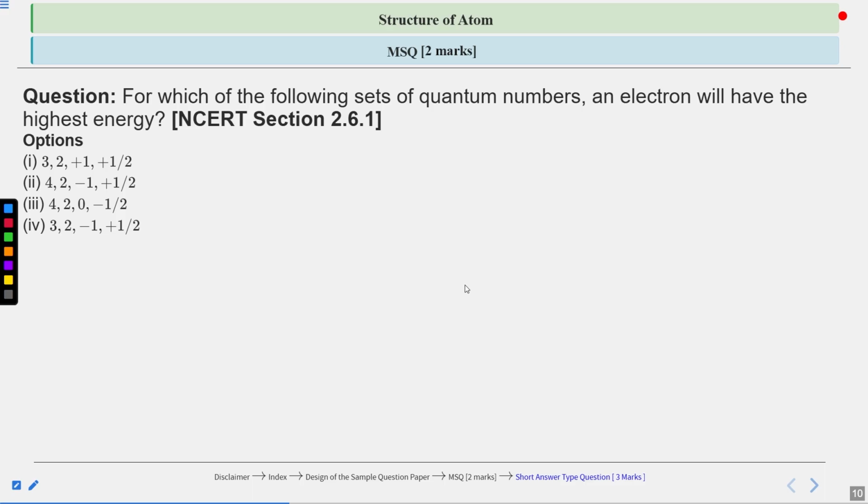Second has n value as 4, l value as 2, ml value as -1, and ms value as +half. Third one, n value as 4, l value is 2, ml value is 0, and ms value is -half. The fourth option, n is equal to 3, l is equal to 2, ml is equal to -1, and ms is equal to +half. Your time to solve this question starts now.